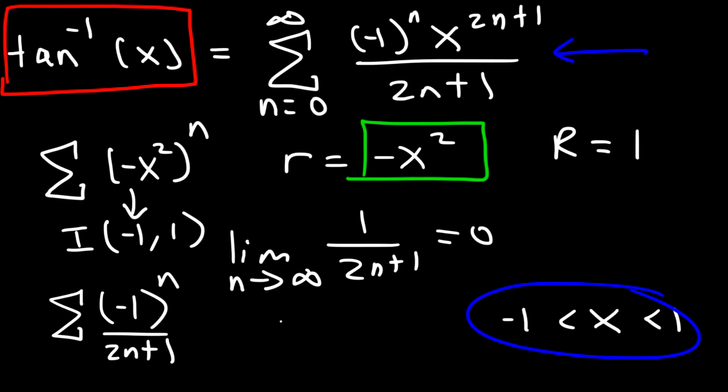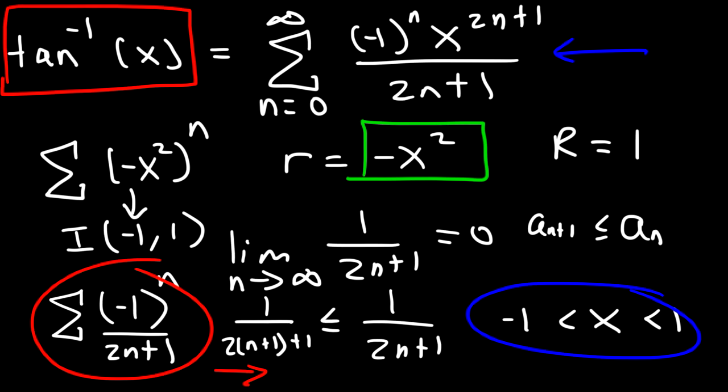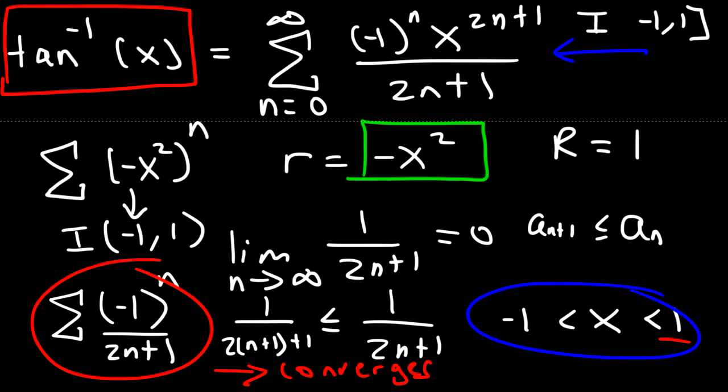And we can also say that 1 over 2n plus 1 is greater than or equal to 1 over 2n plus 1 plus 1. So therefore, we have a decreasing sequence. So by the alternating series test, this particular series converges, which means that positive 1 is included. So we have negative 1 to 1, but a bracket at 1.